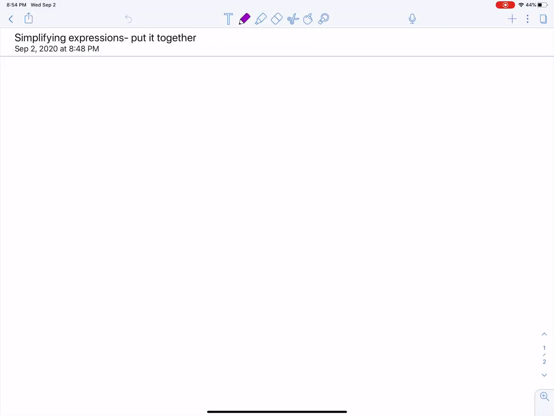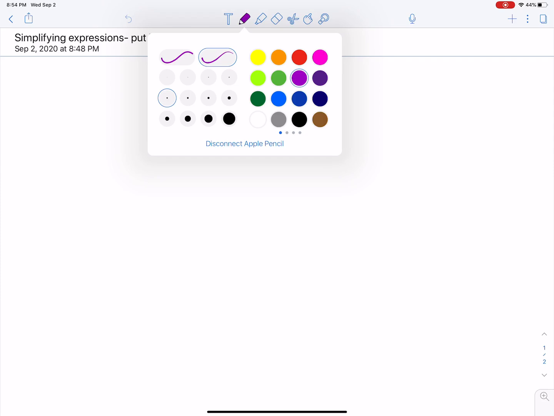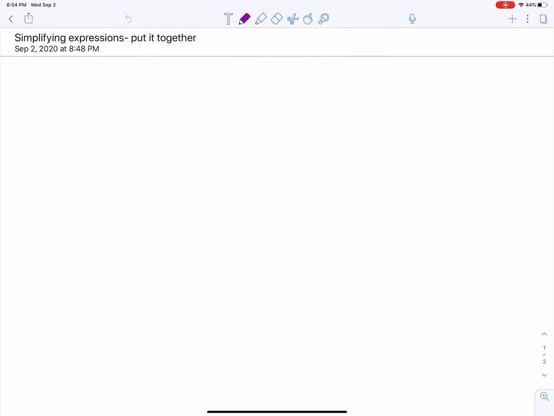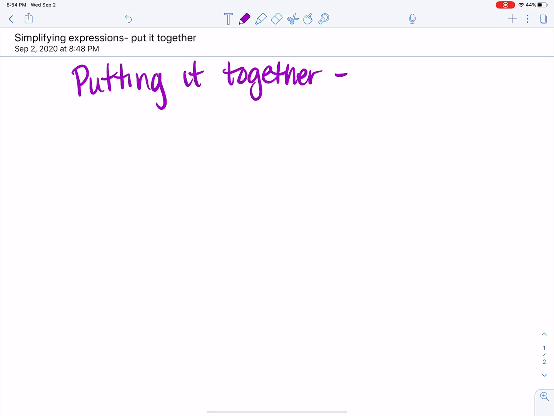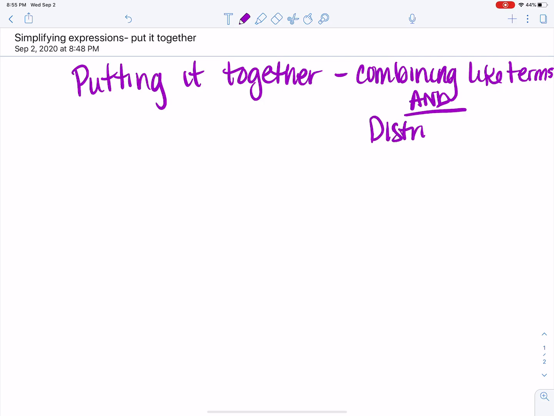All right, I've got several examples we're going to go over to prepare to put all these things together. So we're putting it together, combining like terms and distribution.